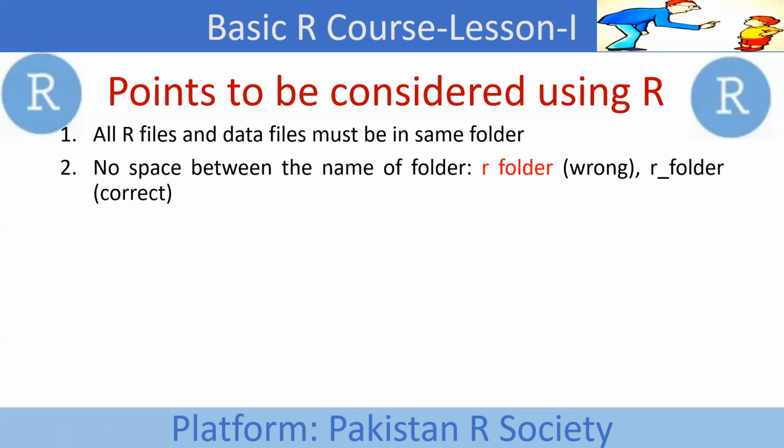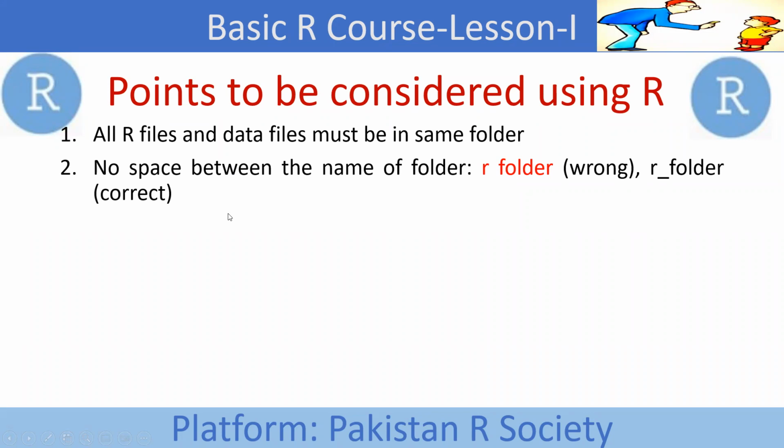The second thing is that where you place your data file and script file, there should be no gap in the name of the folders. If you name it R folders with a space, R will be confused, as there is R and a folder with a single or double space.